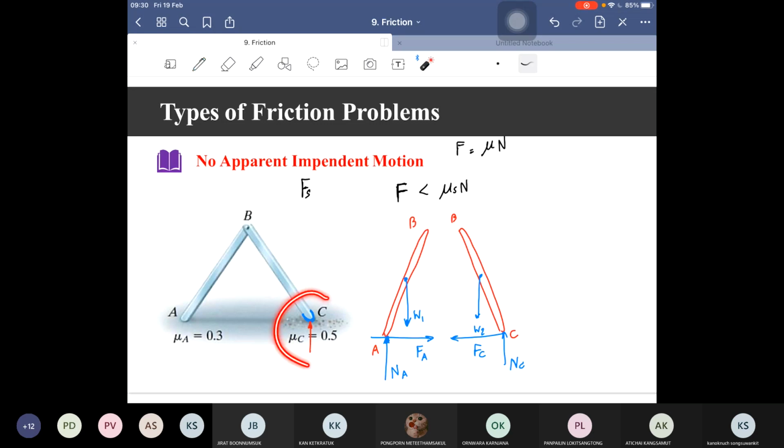Not only at the floor and the bar, at the connecting point B, there is also a reaction force between these two parts, or you can say the reaction force that occurs from the support B. So we have two reaction forces.